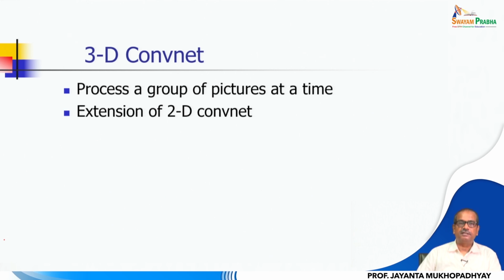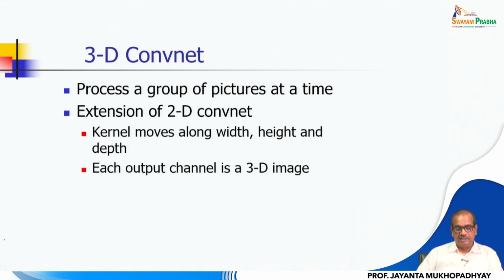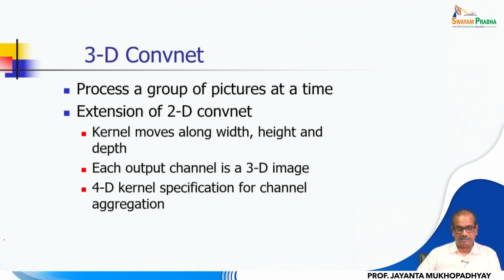As I mentioned, it is an extension of a 2-dimensional convnet, and the kernel is a 3-dimensional kernel that moves along width, height, and, in this case, depth, and each output channel is also a 3-dimensional image, as I just explained. Finally, the specification of a layer is a 4-dimensional kernel specification, because you have, as I said, C kernels.